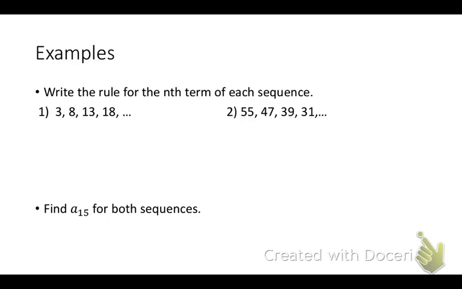what you want to do is first, if we have our formula of a sub n equal to a sub 1 plus d times n minus 1. We don't know what n is, but we should be able to find the first term and the common difference, what we are counting up or down by.